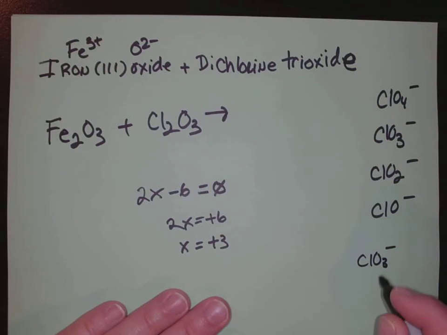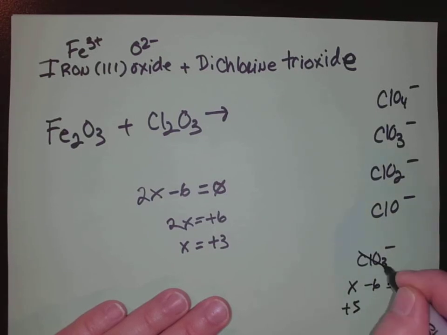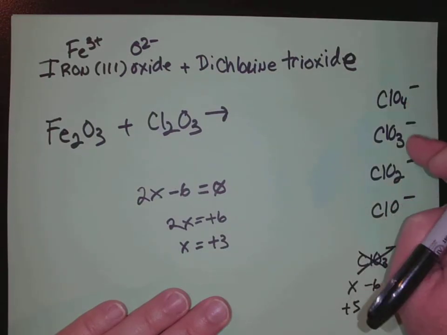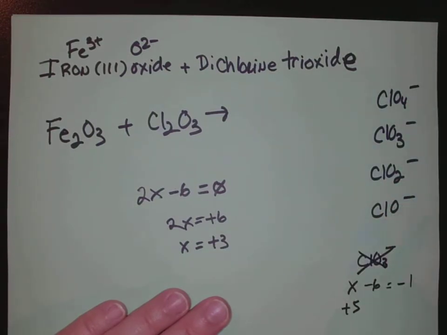As long as you know it, it's not going to change. So let's see, chlorate. This has to equal -1, so -6. Well, we'll call the chlorine X. Well, that has to be +5. So it's not chlorate. And if you figured it out, as you add fewer oxygens, the oxidation number of the stem goes down. As I add oxygens, the oxidation number of the stem goes up.